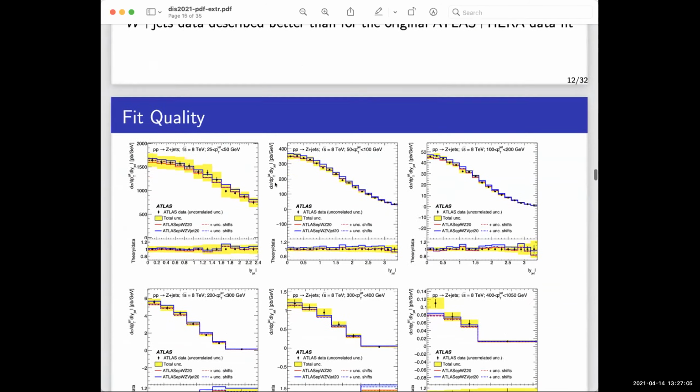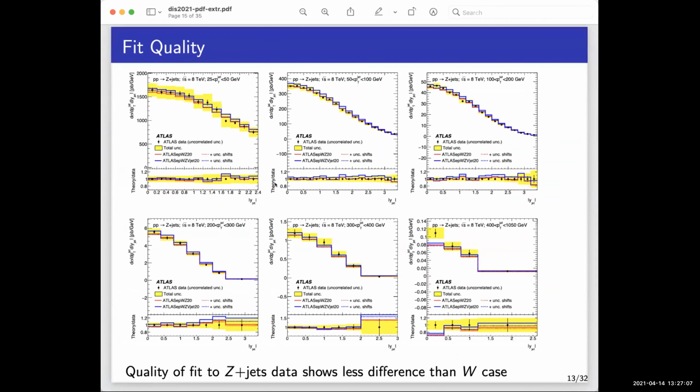Okay. If we look at the Z plus jets data, which is much more differential, of course, comparing here, and I should have mentioned before, the yellow band is the total experimental uncertainty on the measurements. You can see the shifts tend to be relatively uniform over the distributions, and small in the central value.